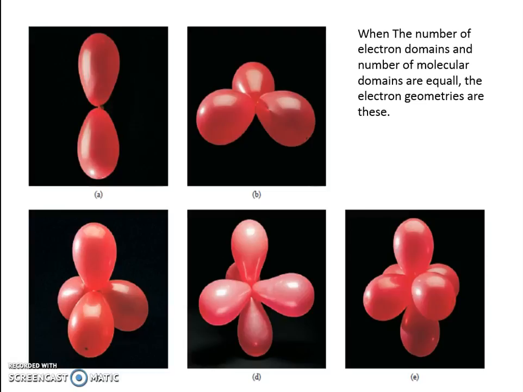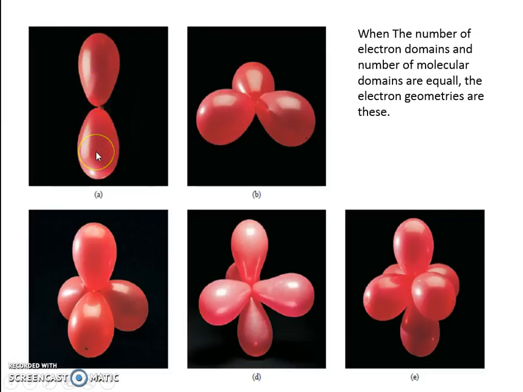Whenever the electron domain number is equal to the number of molecular domains, we'll have these shapes. The first one is an AB2 molecule, so with a molecular domain of 2 that also has 2 electron domains.